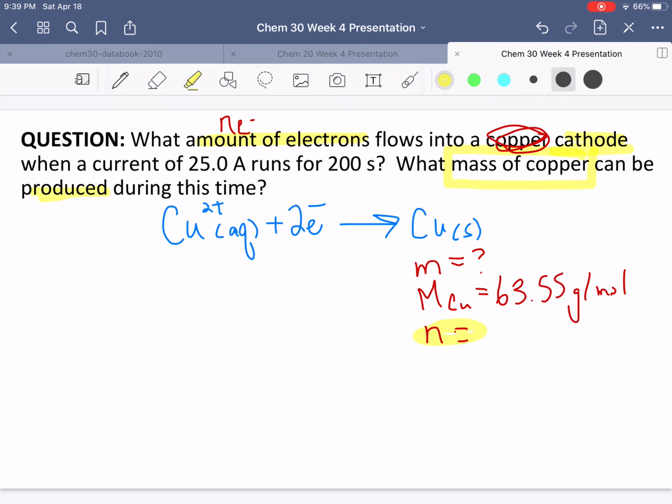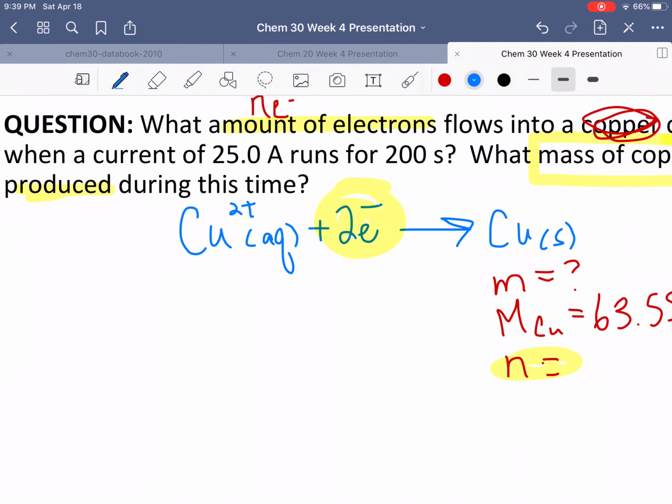Okay. Here's where the wonderful world of electrons comes into play. There's a lot of information we actually know about the electrons and their movement already. Now, consider what these different units represent. A current of 25.0 amps. That means that I've been given current. I equals 25.0 amps, which, don't forget, is actually coulombs per second.